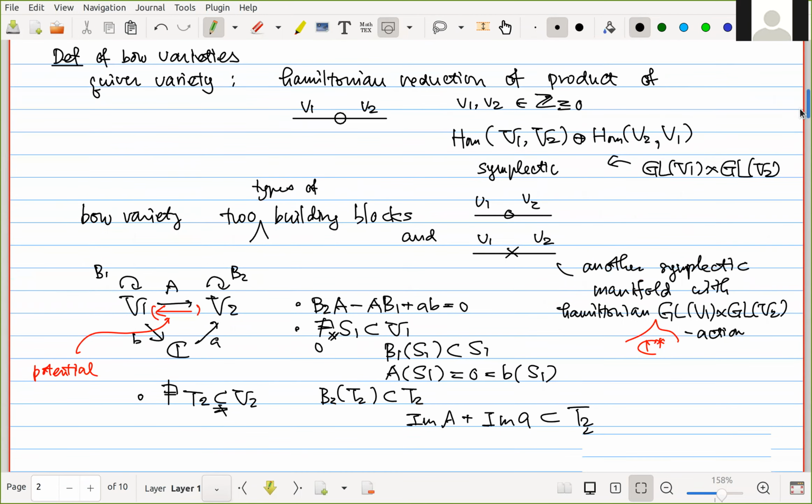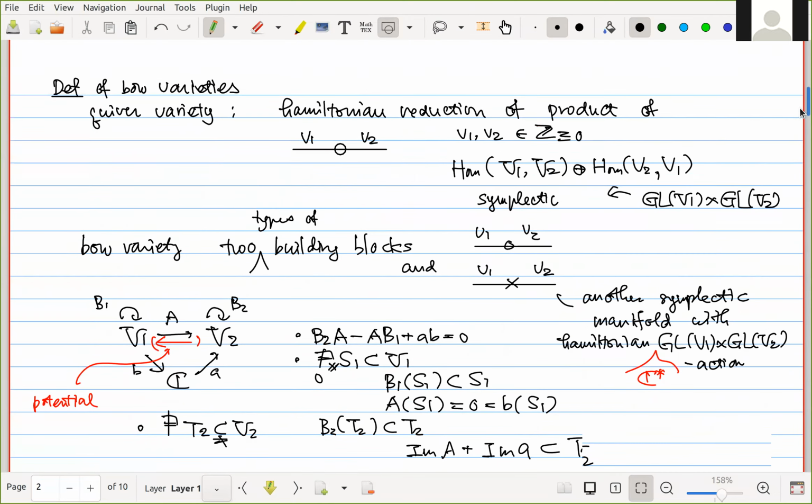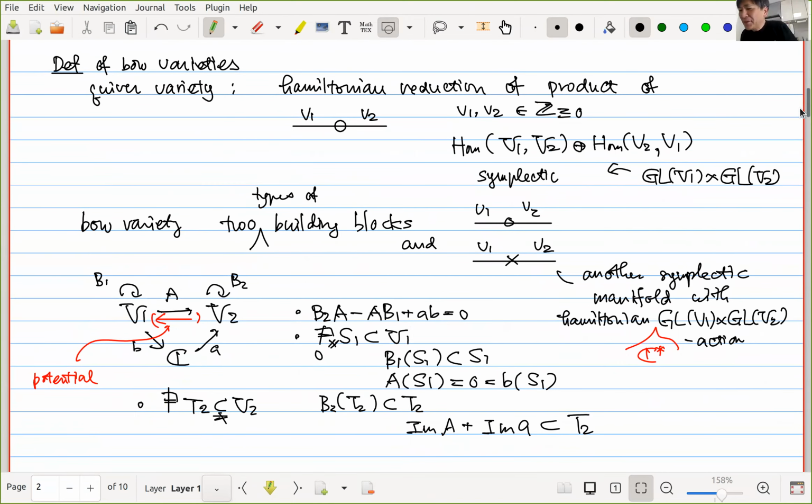Okay, so maybe some of our students. Yeah, very welcome. So I defined Bow varieties based on two building blocks and taking Hamiltonian reduction. And once you have quantization of the blocks, then Hamiltonian reduction has a quantization called quantum Hamiltonian reduction. The definition is basically the same.